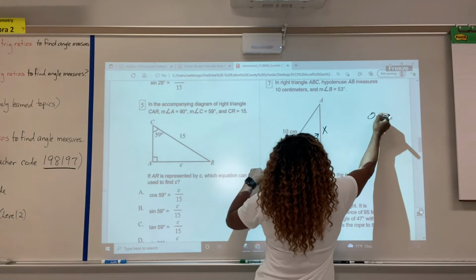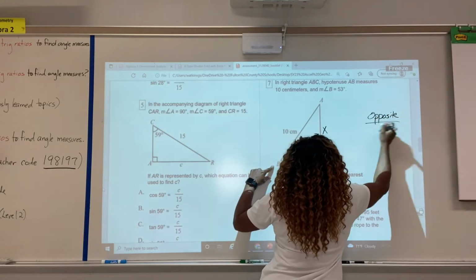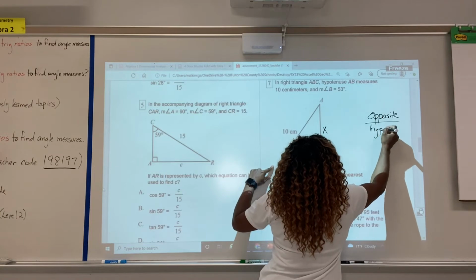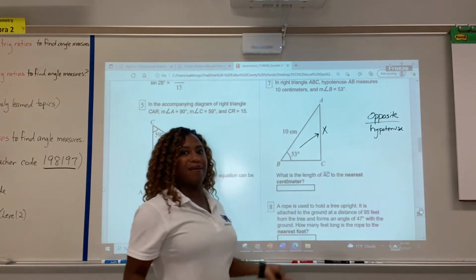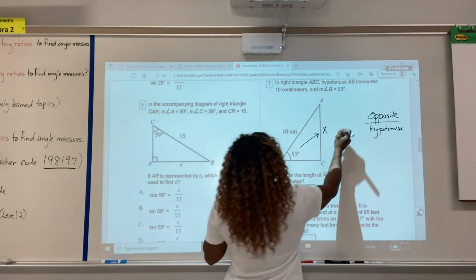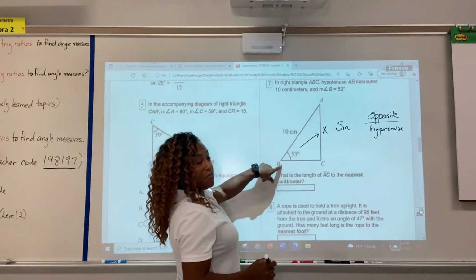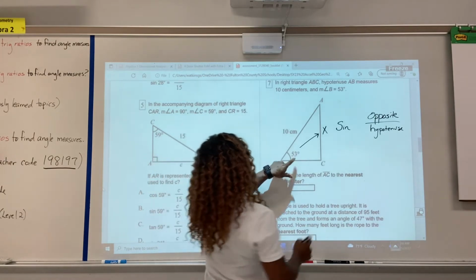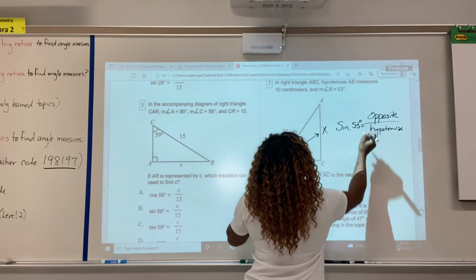So I see opposite over hypotenuse. And what that tells me is that this has to be the sine function. I'm going to write sine of the angle. I don't have to put B because I have a degree measure for it. So I can go ahead and put 53 degrees.